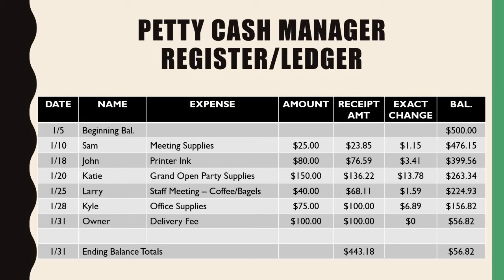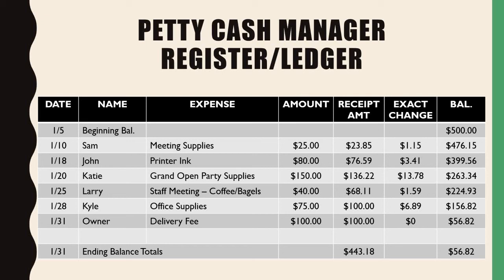In this case, $443.18 worth of receipts plus $56.82 of cash remaining in the petty cash drawer should equal $500, which is what you established your petty cash drawer to be. That's the money you started out with.